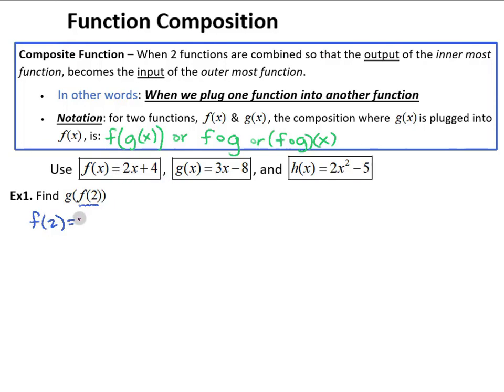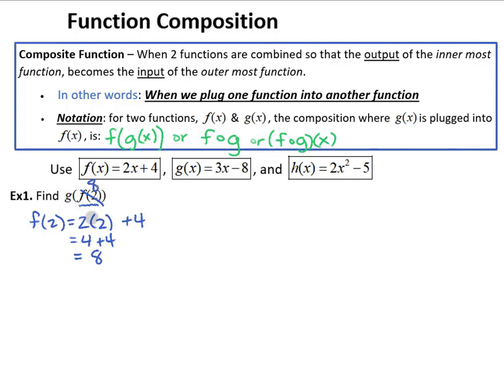So we're going to take the function f, 2 times x plus 4, or we're going to replace x with the value we want to plug in, which is 2. So 2 times 2 is 4, plus our other 4 gives us 8. This inner function evaluates to 8. So we can think of this as now turned into 8.